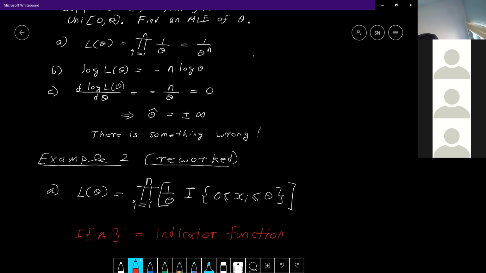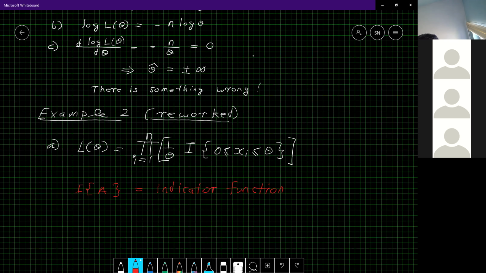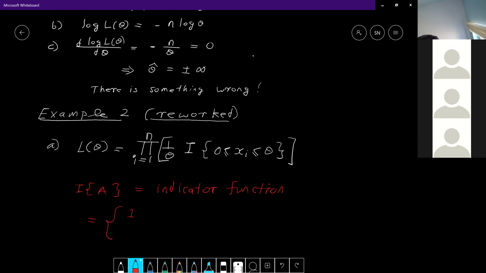An I function is known as an indicator function. It basically says that all the xi's, the data, must lie between 0 and theta. If you don't know this, I would write it down in a red box. An I function is known as the indicator function, and it's defined as follows. It takes two values, either 1 or 0: 1 if A is true, and 0 if A is false. So this is the definition of the I function.